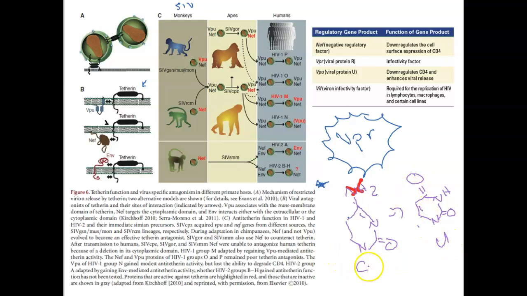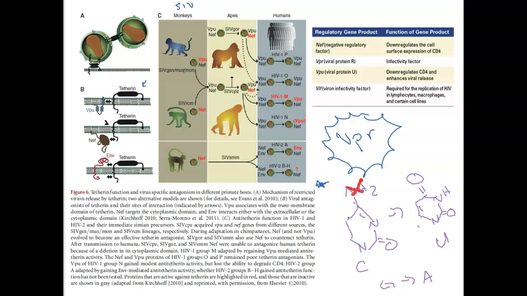So if it makes this change in the RNA, then in the DNA, instead of this leading to a G here, it leads to an A. So this changes in the RNA cytosine to uracil, so in the DNA it's going to go from guanine to adenine. And so you get a whole bunch of these mutations.